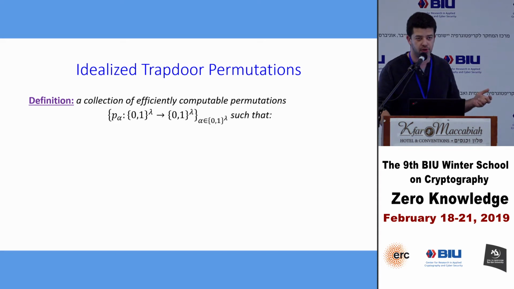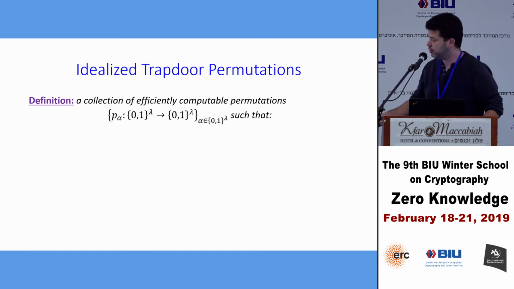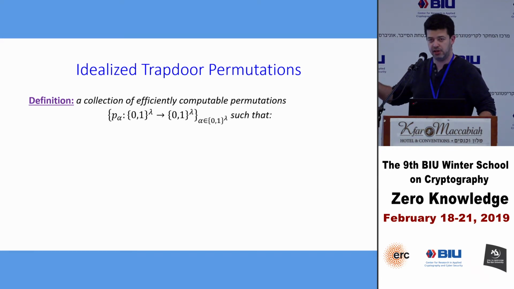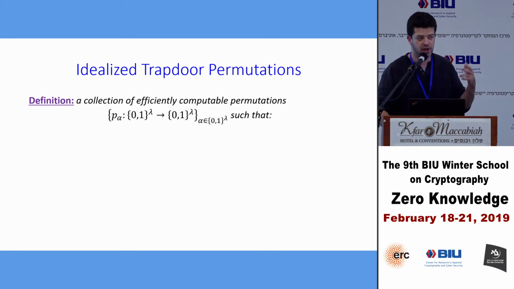Lambda just denotes a security parameter for me, okay? So we have a bunch of permutations, all of them working on {0,1}^lambda, mapping {0,1}^lambda to {0,1}^lambda. And every string alpha in {0,1}^lambda describes such a permutation. So we have 2^lambda permutations, each permutation working on a domain of size 2^lambda.